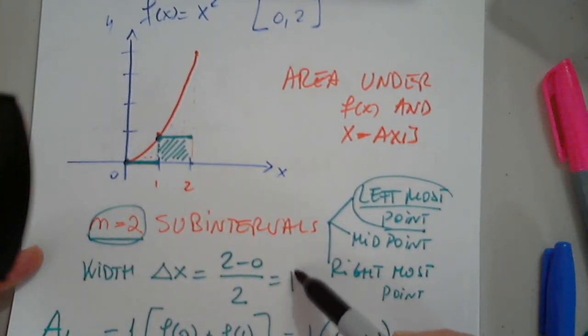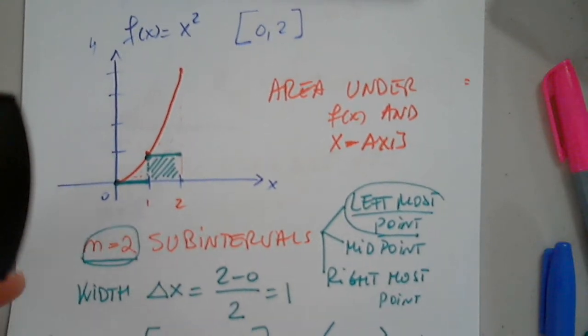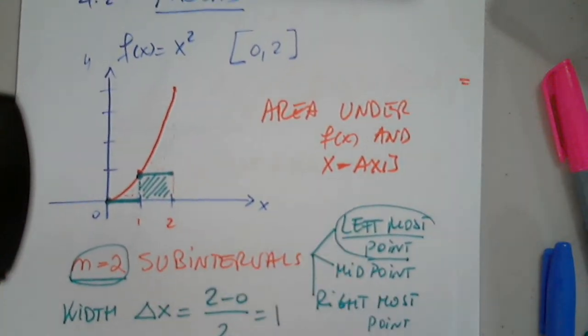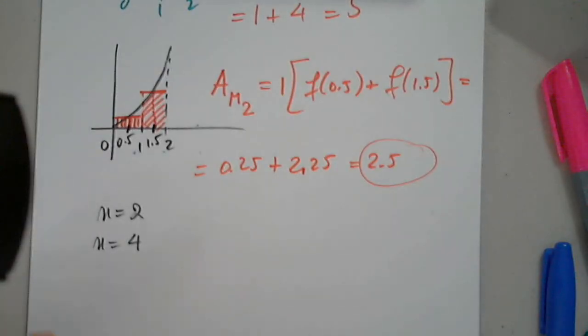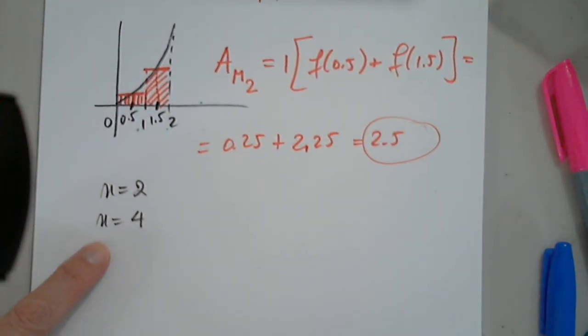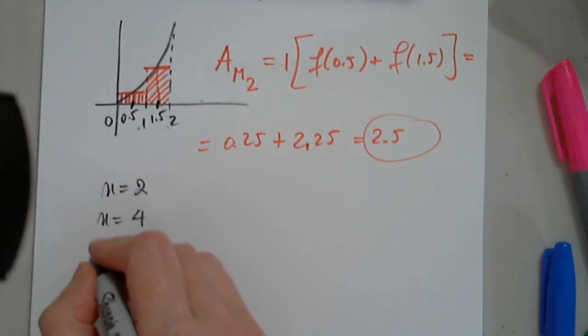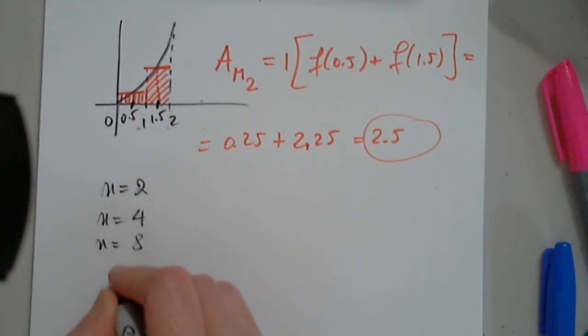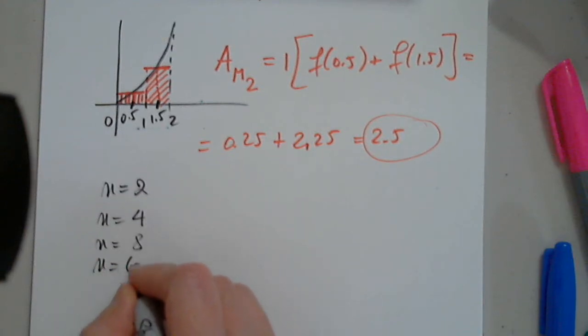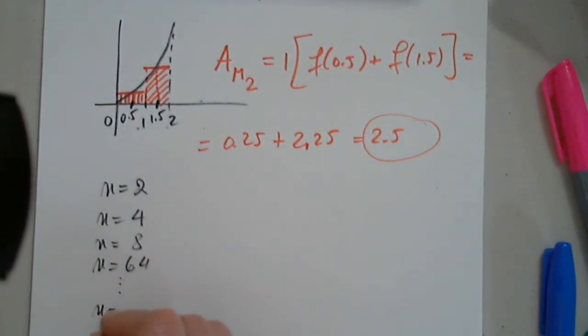So I will have 1/2 as the width of each subinterval. But do you think I will get better approximations with all three of them? Better approximations with n equals 4? Yes. What about n equals 8? What about 64? What about 128?